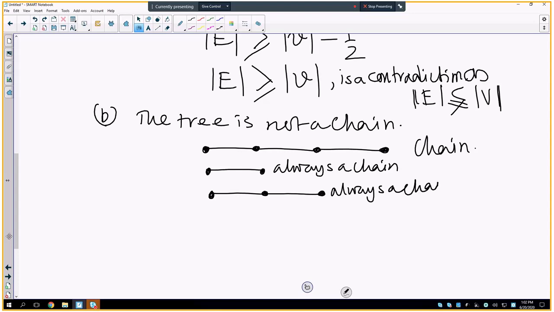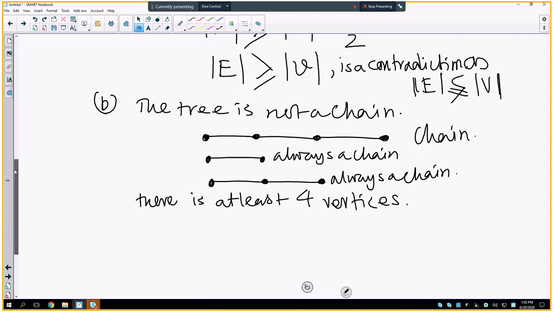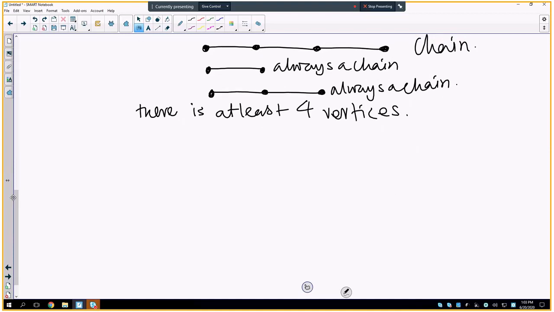So because my graph, which is a tree, is not a chain, there are at least 4 vertices. That's the first situation in order to have a non-chain tree. Then we go back to A and follow the exact same argument. I want to prove that there are at least 3 vertices with degree 1.